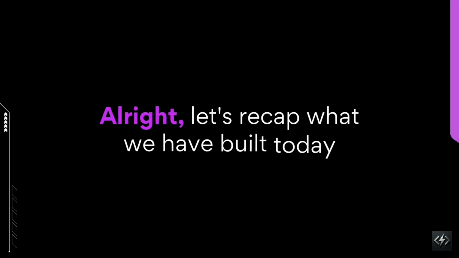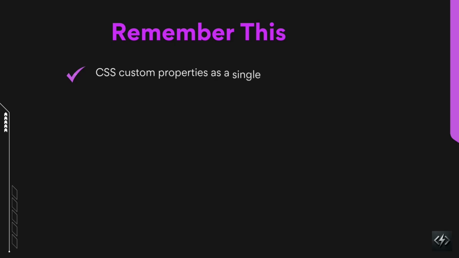Let's recap what you actually built today, because this wasn't just copy this carousel. You now understand 4 concepts you'll reuse in almost every future project. 1. CSS custom properties as a single source of truth for responsive design. 2.